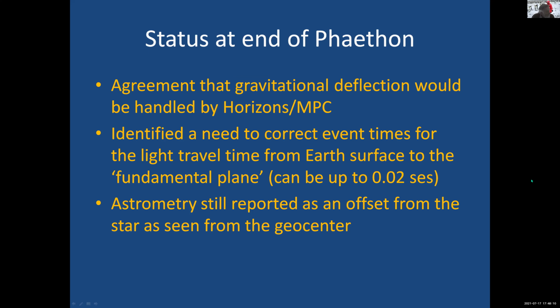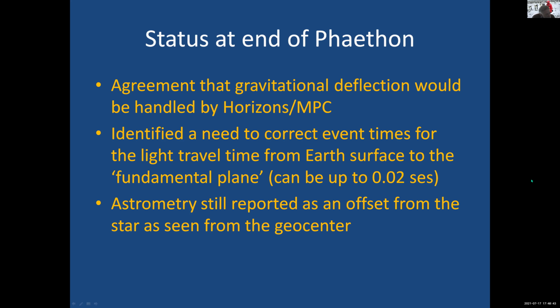So at the end of Phaethon, we had agreement out of all this that this gravitational deflection, whilst it had to be dealt with in predictions, for reductions, the Minor Planet Center and Horizons wanted, in fact insisted, that any corrections for gravitational deflection be handled by them. So we don't include any allowance for gravitational deflection in our astrometry.